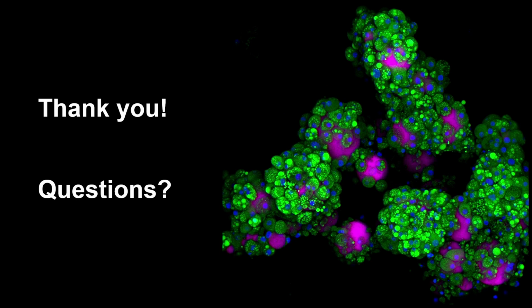Thanks so much. I guess we have time for a couple questions. Who's in? I have a question about the size of the beads, because did you use the same cell concentration for all the beads despite their different sizes?